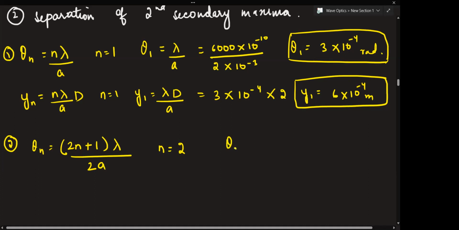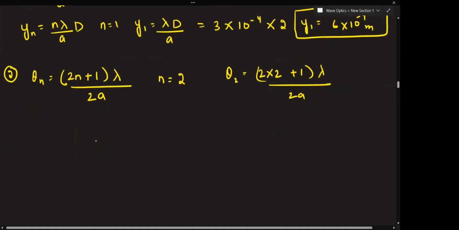So theta 2, it would be angular separation for the second one. So it would be 2 multiplied by 2 plus 1 and then lambda by 2. So 2 multiplied by 2 is 4 and 4 plus 1 is 5. So theta 2 is 5 lambda divided by 2.